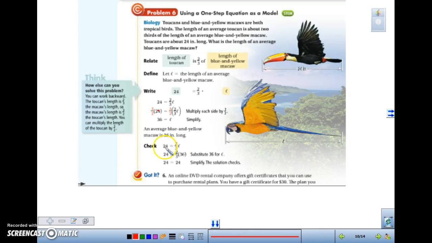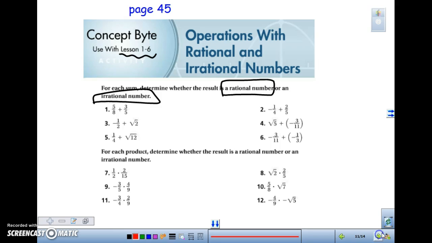So if you need to take a look because you're struggling with the one-step equations, please make sure you take a look at that. Your homework in your book is going to be page 45, but then I am also putting a worksheet, and I believe it's A4 and A6.